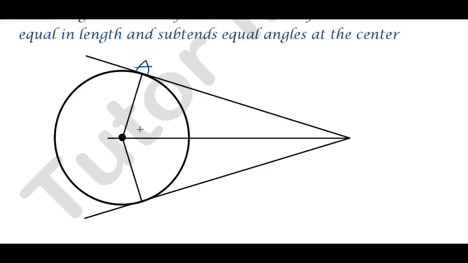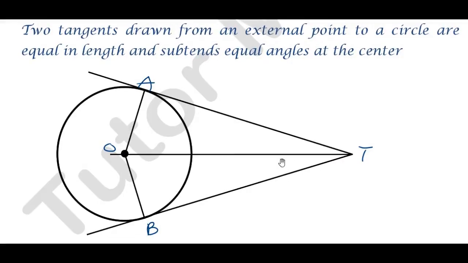Let's label this A, label this B, this is center O, and let's say the external point is T. So the theorem says two tangents drawn, so AT is a tangent drawn from an external point to a circle are equal in length. So the first thing we get from this theorem is AT equals TB. Or we can say AT equals BT. So these tangents are equal in length.